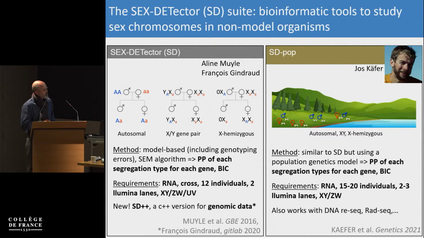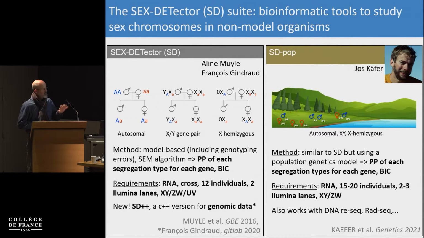So the program has been designed similarly to sex detector, but the method, the model is completely different. It's a population genetics model. And so here you can sample males and females in the wild, get RNA-seq data, and so you need a little bit more individuals compared to the classical sex detector, because there is less information.